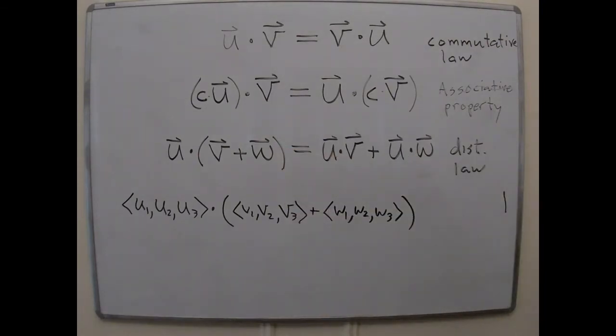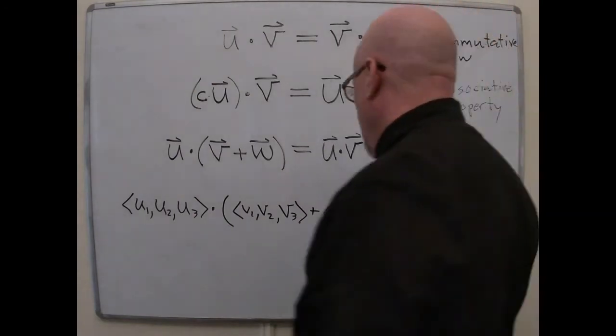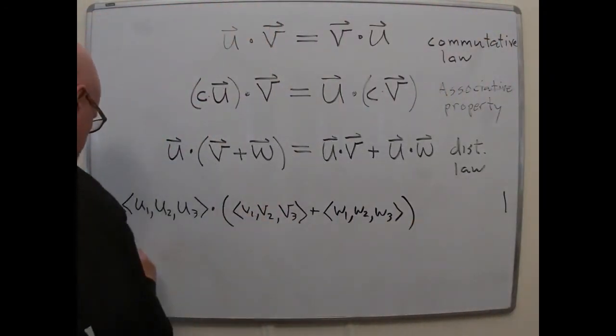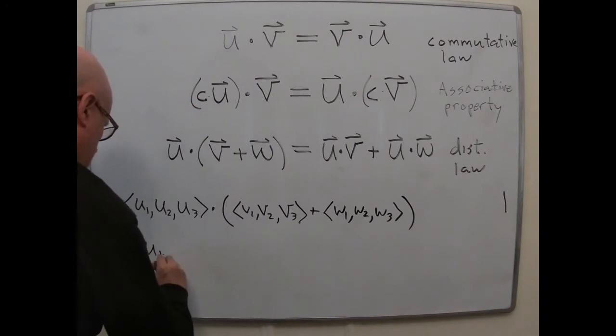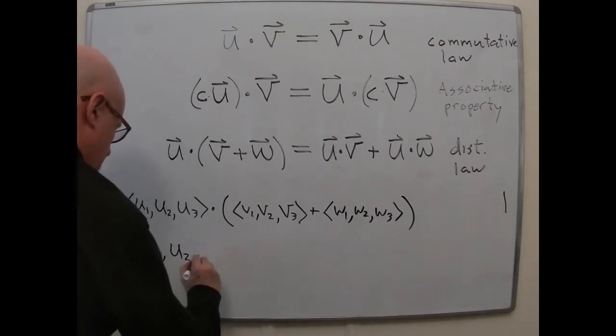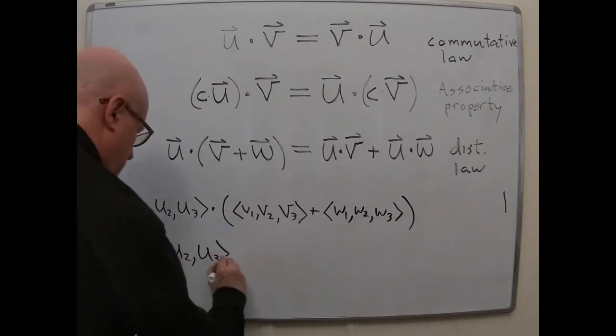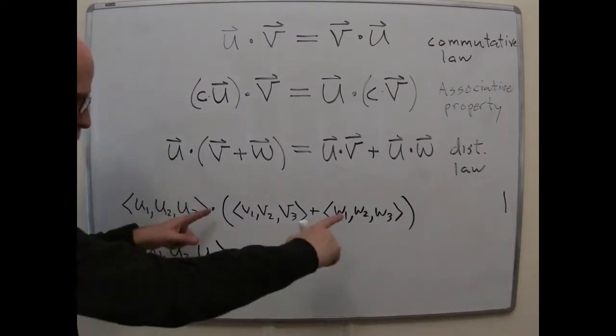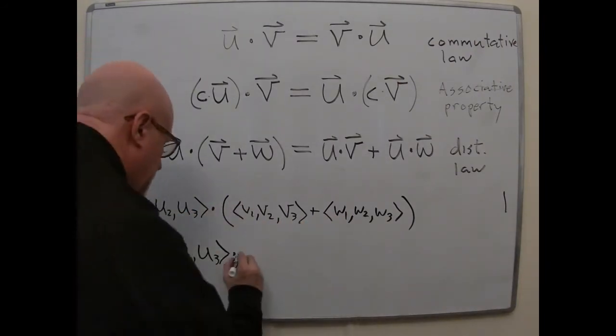Now, can we say what that equals? Sure, let's do the addition first. So we'll have U1, U2, U3 out front. No change to that part, but let's create the vector where we add those guys.